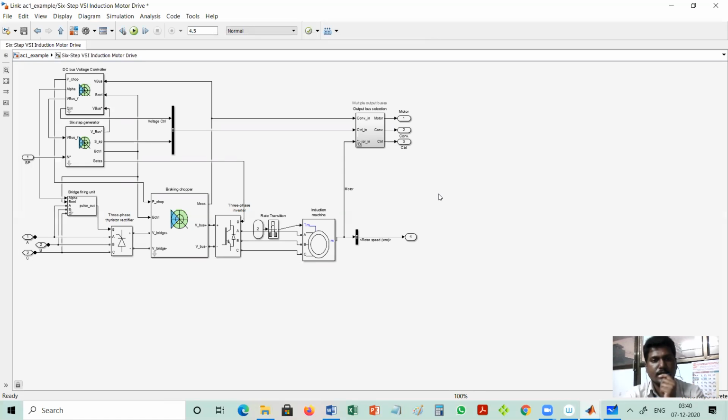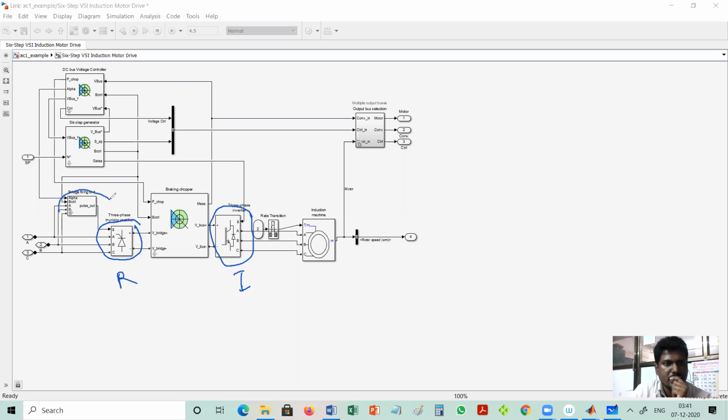We will check what is the control algorithm we have studied and what is the actual implementation here. So this is the rectifier, this is the inverter. To control the rectifier, the firing circuit is required.